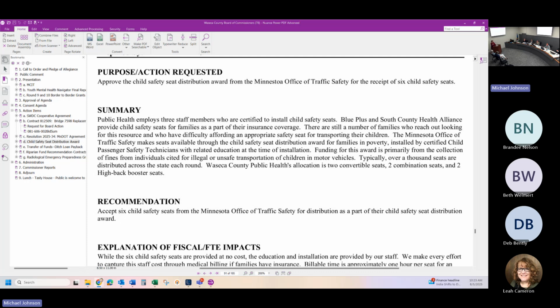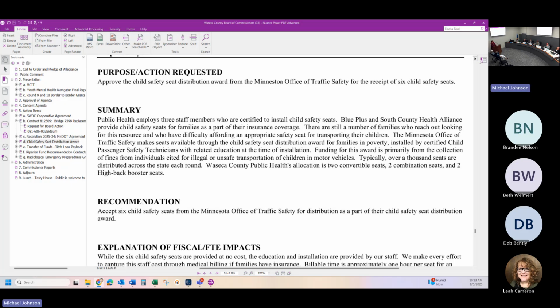Sometimes it's just a delay in the application process. Sometimes it's because of other issues. So we do get these grant seats from the state of Minnesota directly for those cases where folks are in poverty and are people of need but don't have access to other resources.